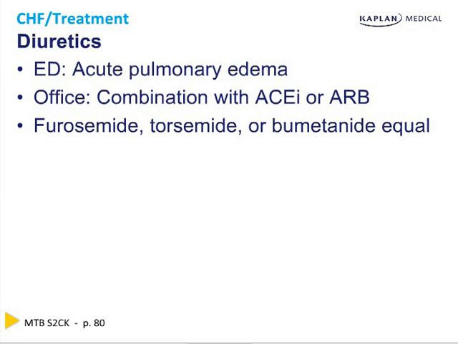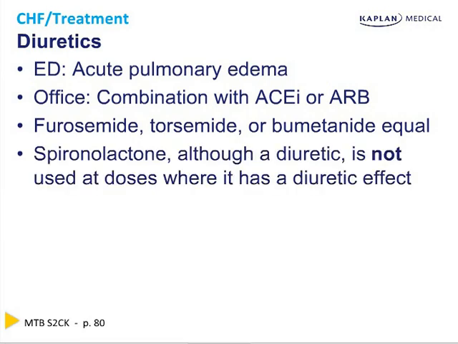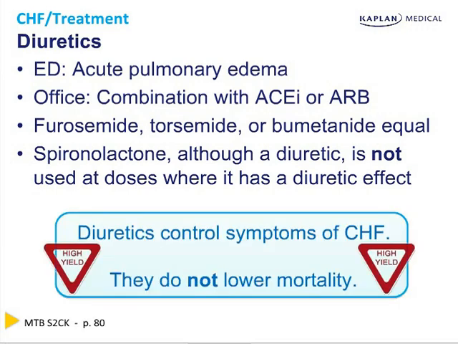They're all loop diuretics that make you lose a lot of volume. Spironolactone, again, although it's a diuretic, it's not used in a diuretic dose. Diuretics are for symptom control. Furosemide, torsemide, bumetanide are for symptom control. They don't lower mortality.